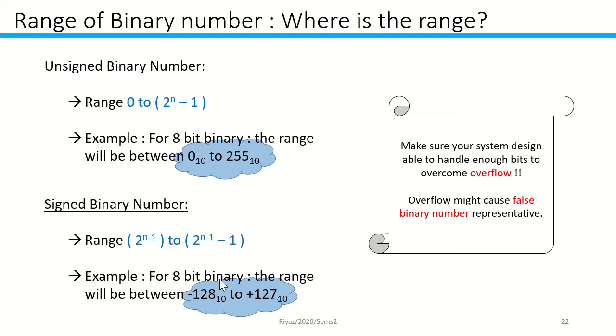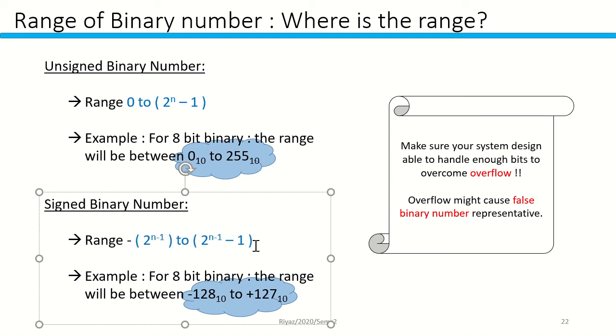For 8-bit binary, you just put 8 over here, 8 minus 1, 2 to the power of 7 is 128. So you're going to have a negative over here. Yeah, my mistake over here. And similarly, 2 to the power of 7 minus 1 is going to be plus 127. So minus 128 to plus 127 is the range for signed numbers for 8 bits.